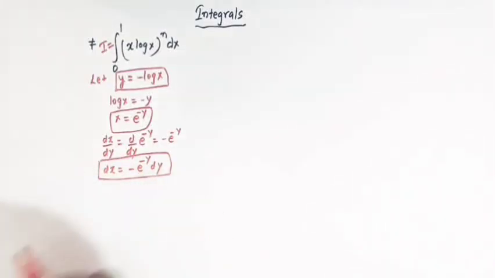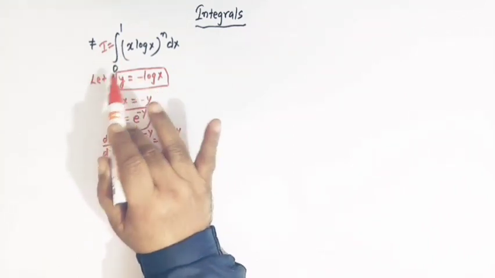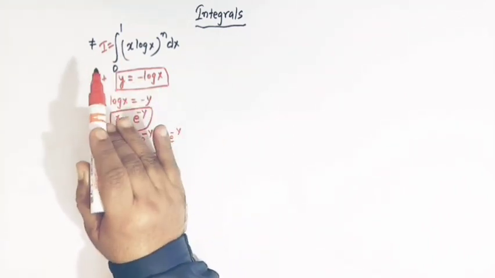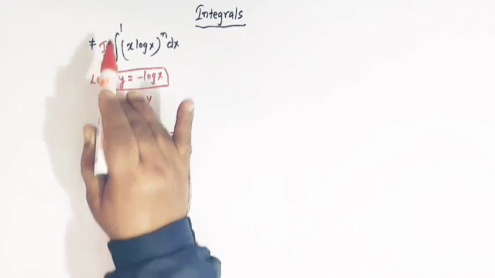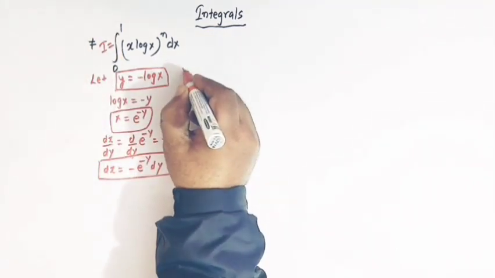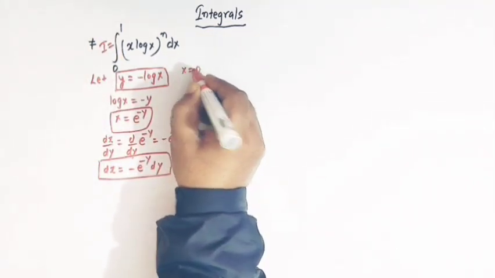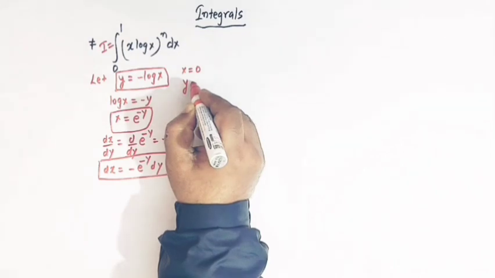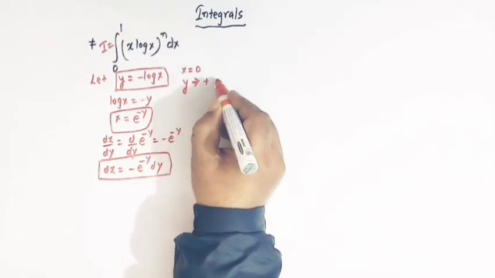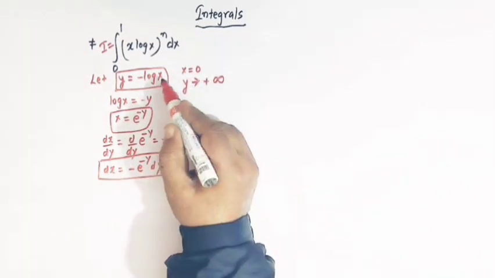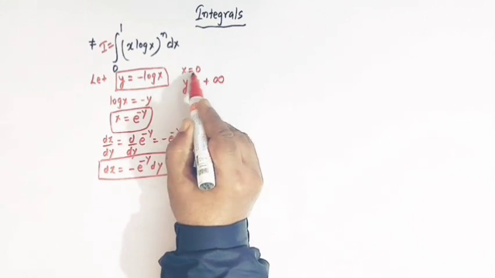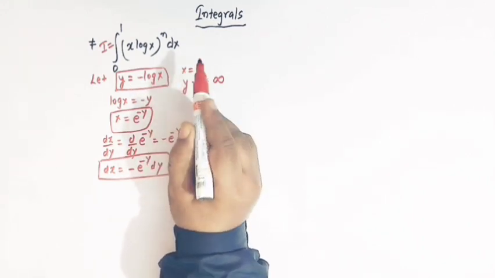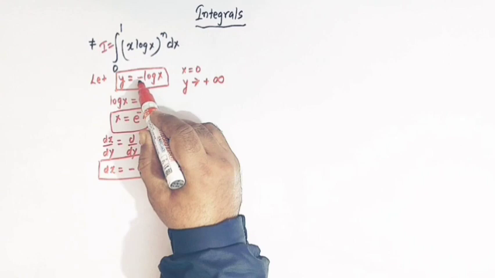Now we'll change the limits. Here we see that the limits vary from 0 to 1. When x is equal to 0, then y tends to positive infinity, because when x tends to 0, log x tends to minus infinity, and here we have a negative sign.